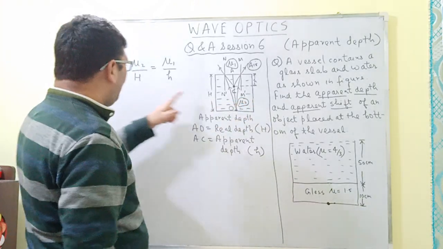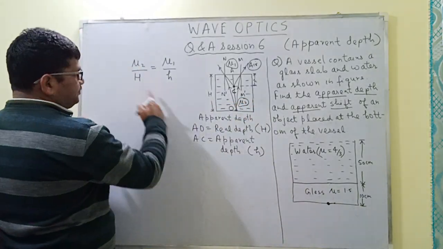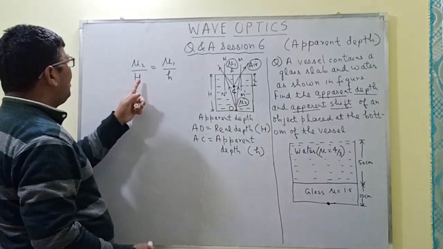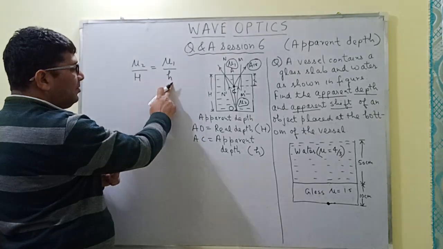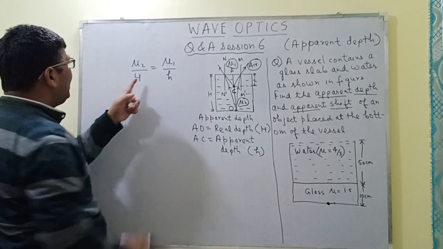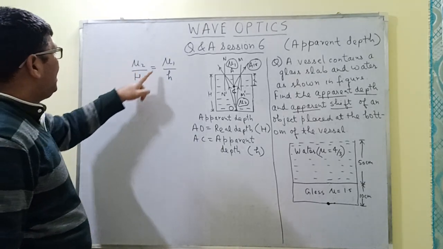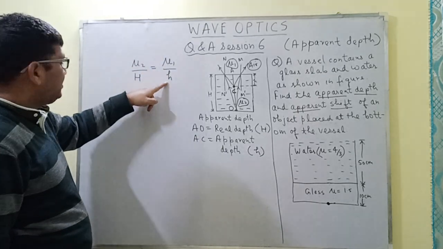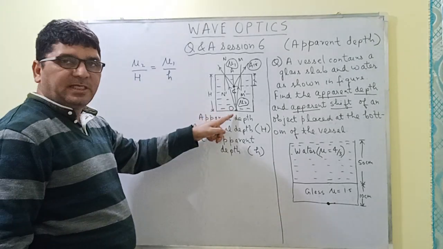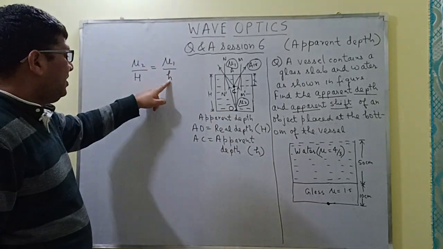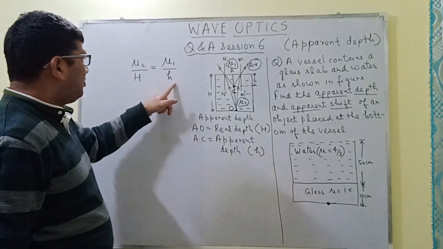So considering this example, the formula for finding this apparent depth is given by mu2 upon capital H is equal to mu1 upon small h, where capital H is the real depth of this object and small h is the apparent depth of this object.